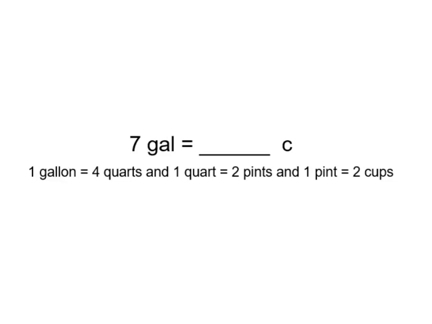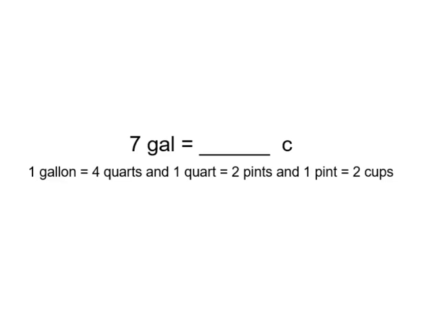7 gallons is equal to how many cups? And now we have to have 3 conversions, okay? In order to convert from gallons to cups, we first have to convert gallons to quarts, then quarts to pints, and then pints to cups.